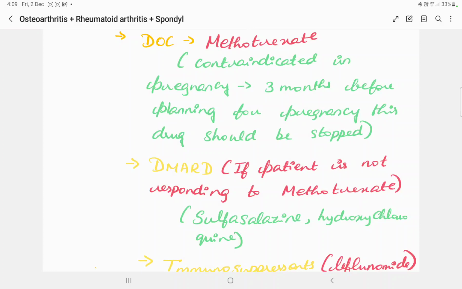effects of methotrexate, then the second option that we try is DMARDs, which are disease modifying anti-rheumatoid drugs, which include sulfasalazine, hydroxychloroquine.